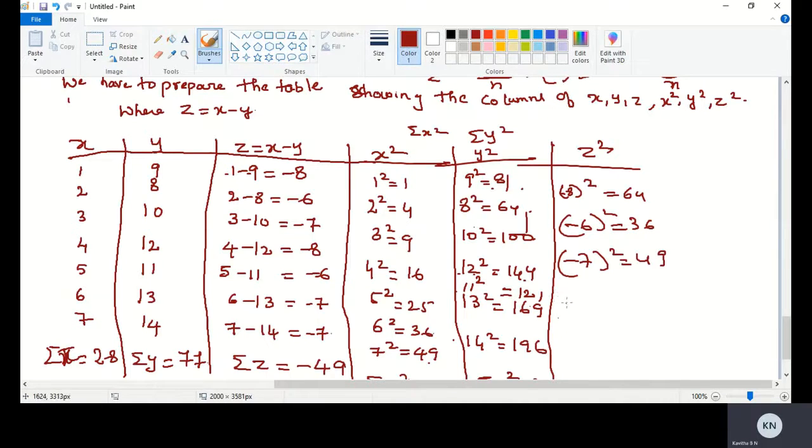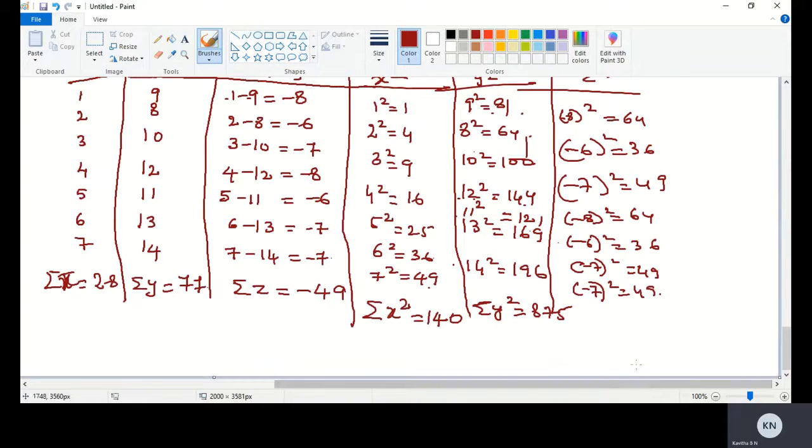Then next, minus 8 square is 64, minus 6 square is 36, then minus 7 square is 49, then again minus 7 square is 49.